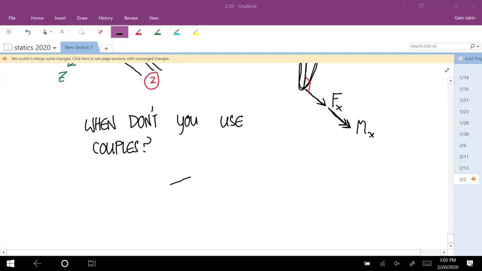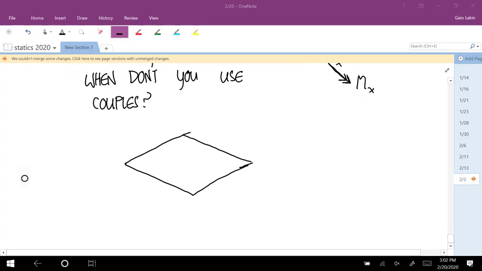So in a case like this, where you have two of these pin joints, you can think of these as hinges that share the same axis.